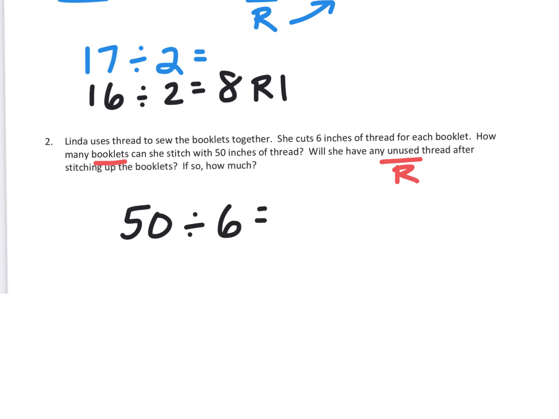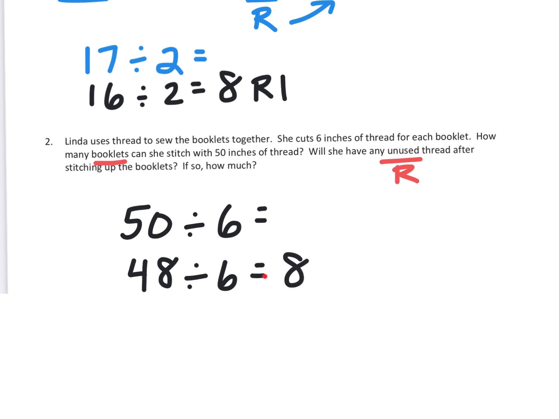And I know my facts, and I know 6 does not go into 50 evenly. But I do know that 6 goes into other numbers. So I'm going to find the closest fact less than 50 that 6 goes into and see what that would be. So the closest one that I know is 48. It's only 2 less. And I know 48 divided by 6 is 8.